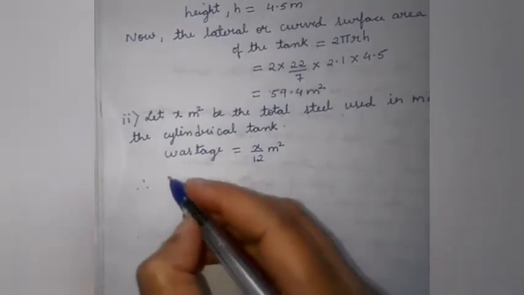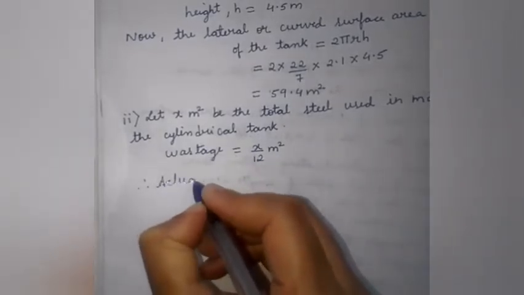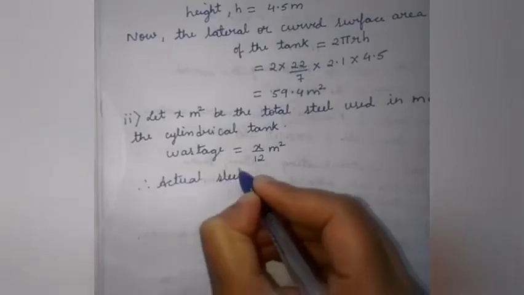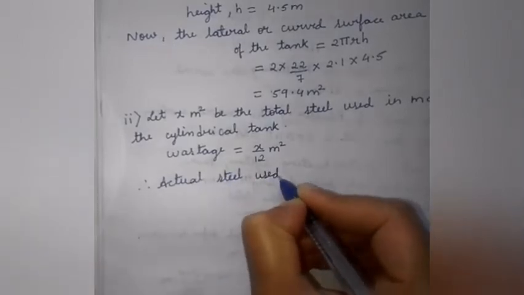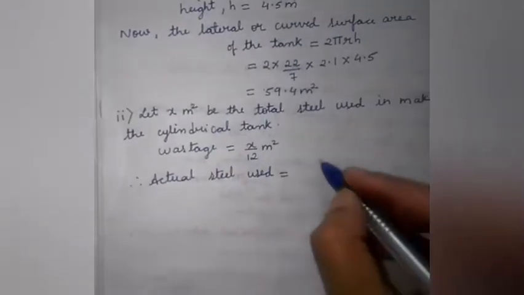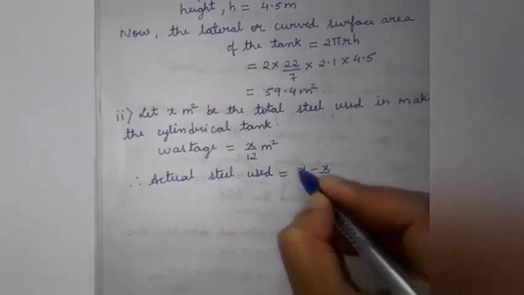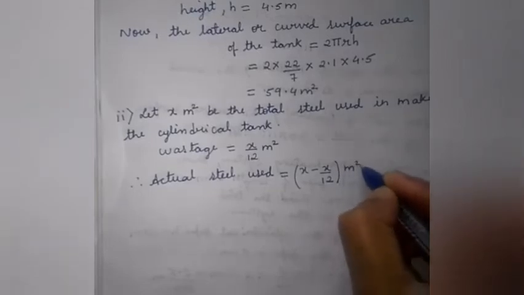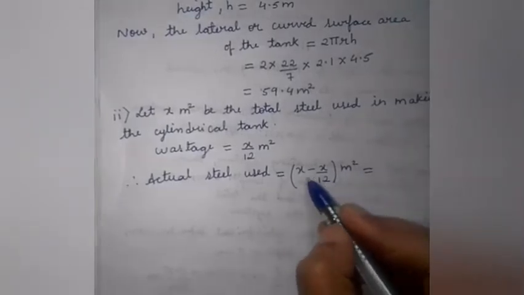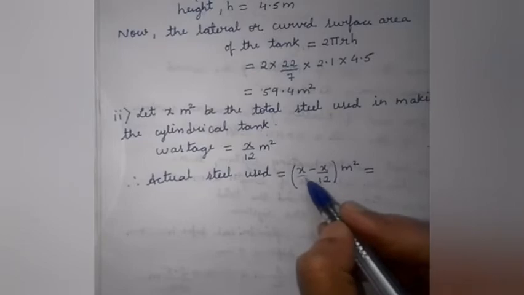So actual steel used is equal to x minus x divided by 12 meter square, which is equal to, here we have to take the LCM. If nothing is there, it is 1.